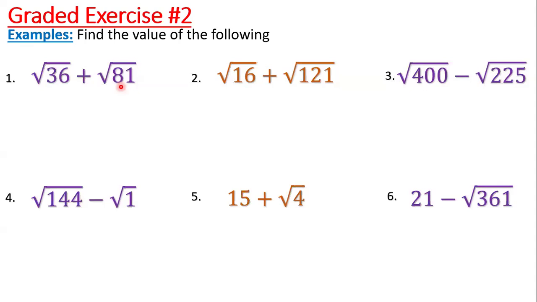Number 3. The square root of 400 minus the square root of 225. Number 4. The square root of 144 minus the square root of 1. Number 5. 15 plus the square root of 4. Number 6. 21 minus the square root of 361. Very good. Thank you.